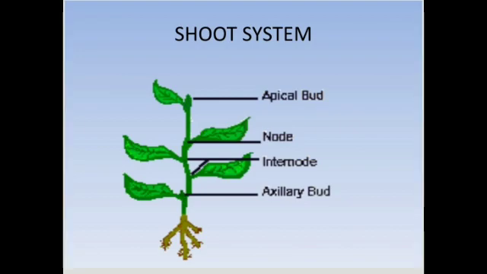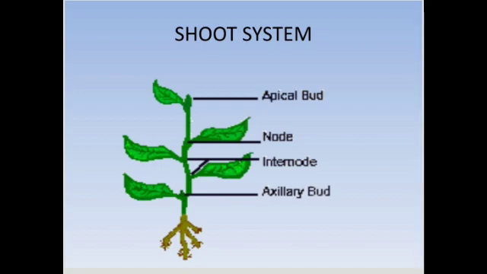Between the two nodes we can see the internodes. The bud at the tip of the stem is known as apical or terminal bud, and the buds at the axis of the leaves are called axillary buds.